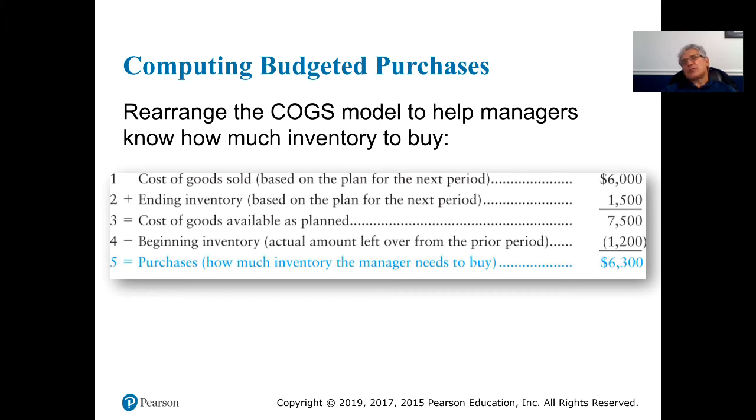And then you should know what your beginning inventory is going to be, because whatever you're ending up with in the prior period is going to be your beginning inventory. So if you have these 4 items for planning purchases, you know now that you have to plan on purchasing $6,300 of inventory.